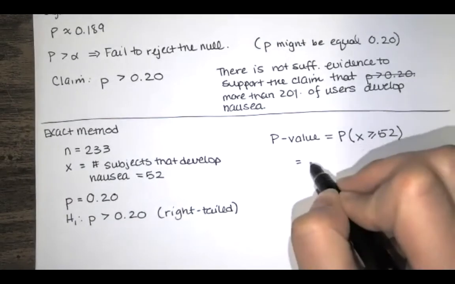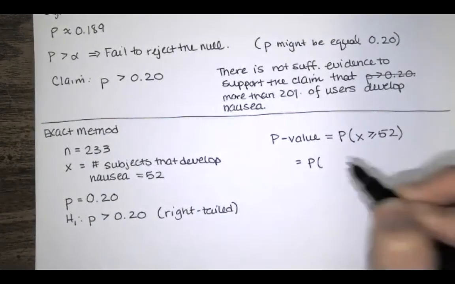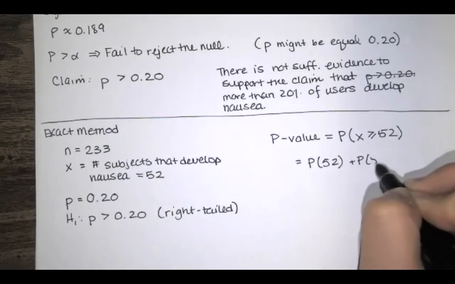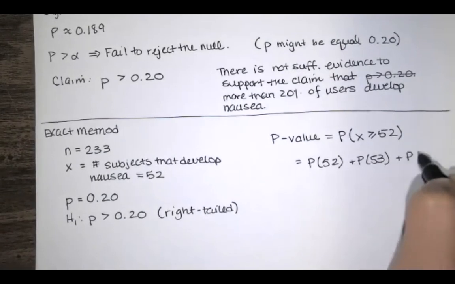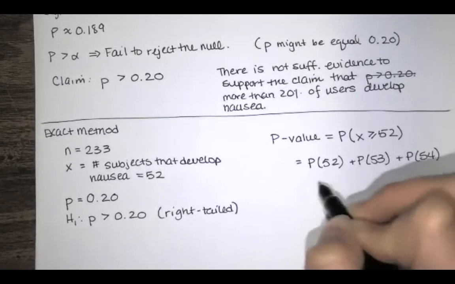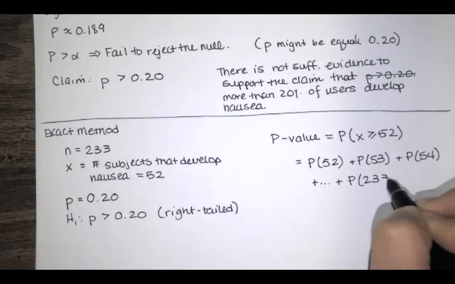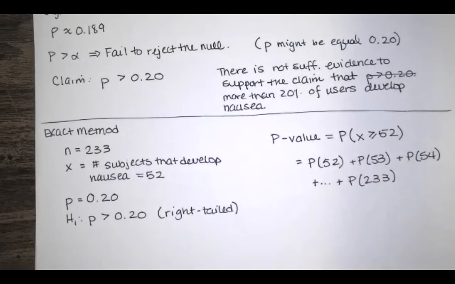So in practice, what I would need to do is compute the probability of having 52 successes in one trial plus 53 successes plus 54 successes, all the way through the probability of having all 233 subjects having nausea. Oh, how awful.